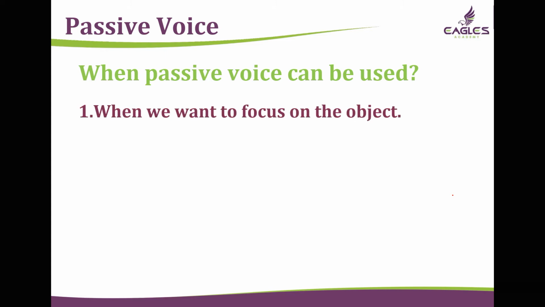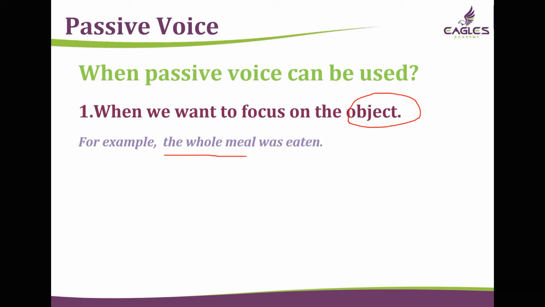Firstly, we use passive voice when we want to focus on the object. For example, the whole meal was eaten. You know who ate, but oh my gosh, my meal was eaten. Or maybe the window was broken. Which is the thing that was broken, the window or the door?